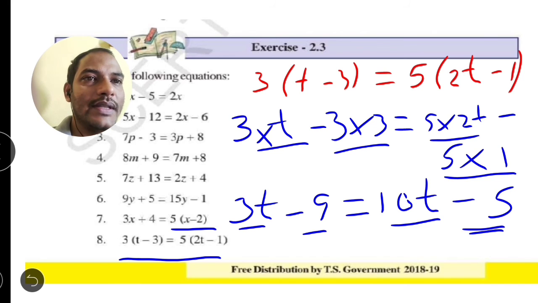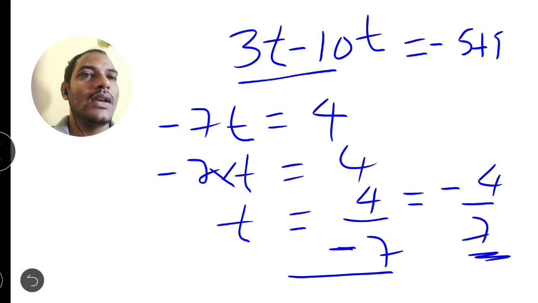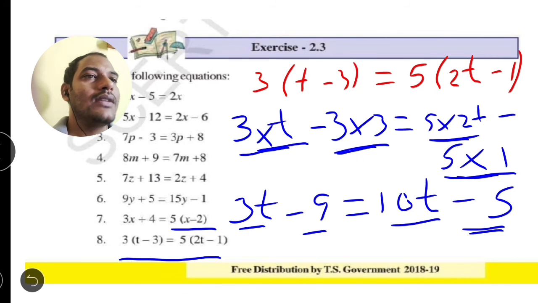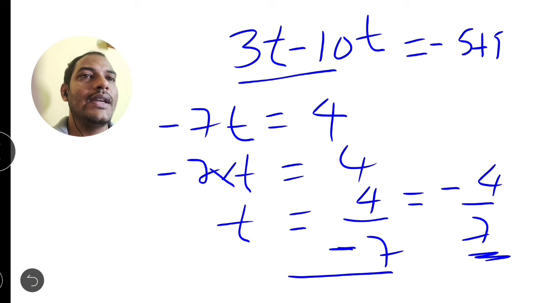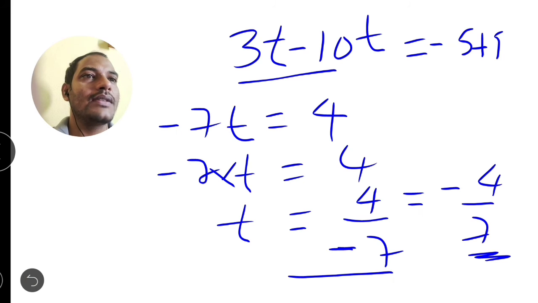See how to simplify this problem. Here first I multiply 3 into t, 3 into 3, 5 into 2t, 5 into 1. Next, 3 into t, 3t, 3 into 3, 9, 5 into 2t, 10t, minus 5 into 1, 5. Next, to write variables one side, so 3t minus 10t, constants another side, minus 5 plus 9.